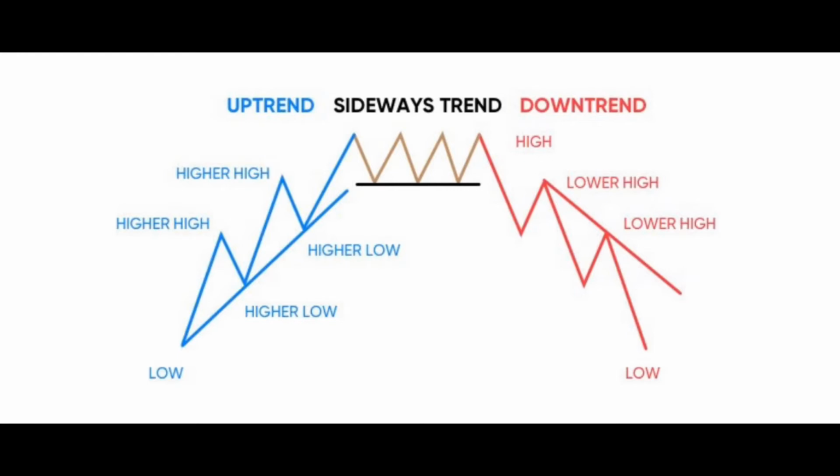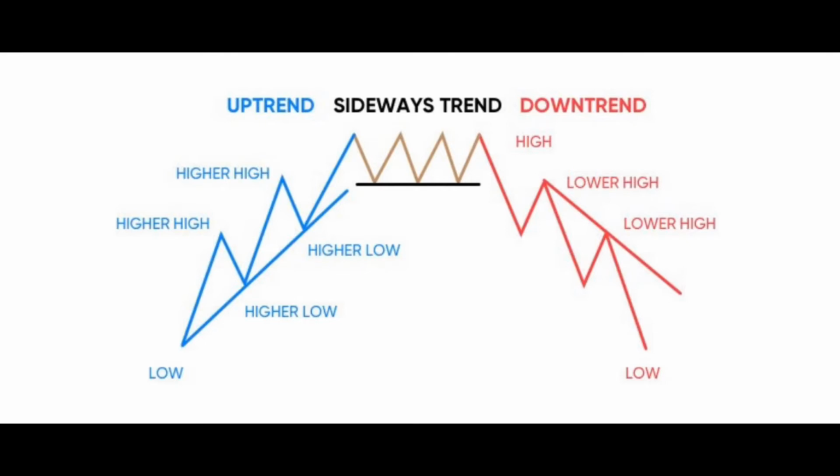So you only look to trade in the direction of the trend, which is buying if it is in an uptrend and selling if it's in a downtrend. All your trades will be buys in an uptrend and sells in a downtrend.